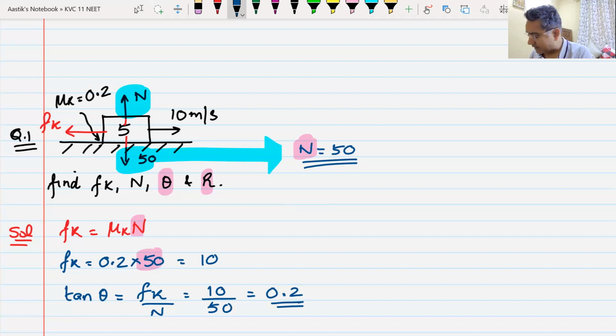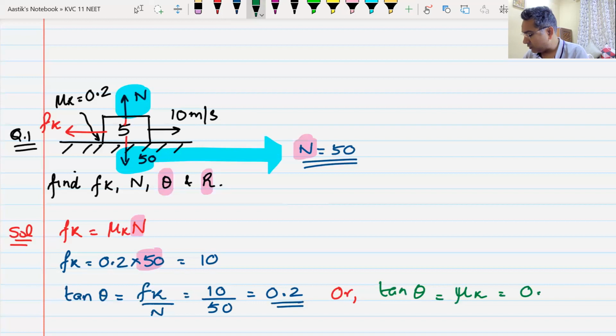We have already seen that tan theta is always equal to mu. So you can straight away write it in a different way. Tan theta will always be equal to mu, the coefficient of kinetic friction, and that will be equal to 0.2.